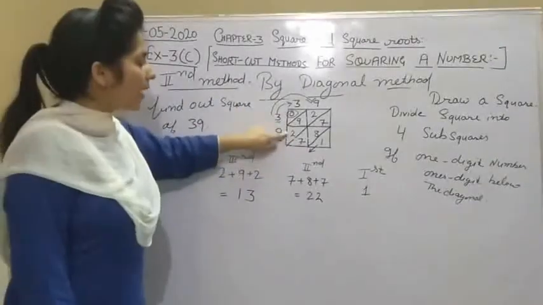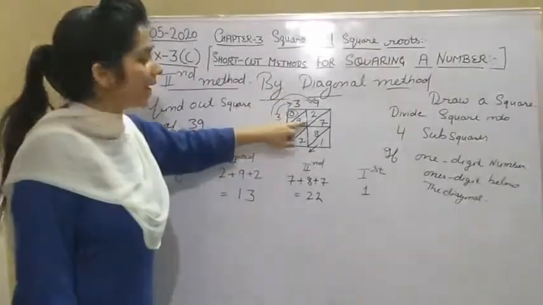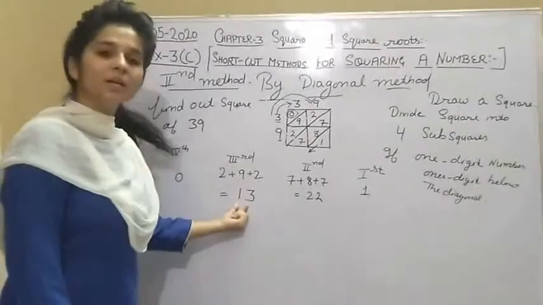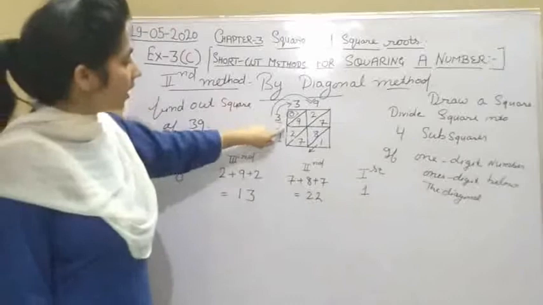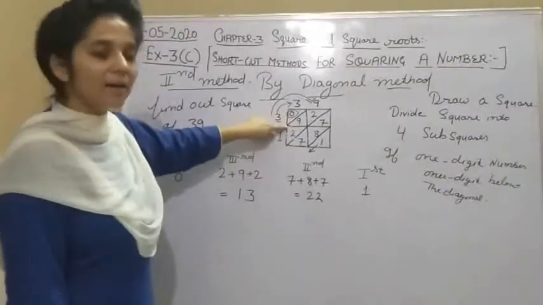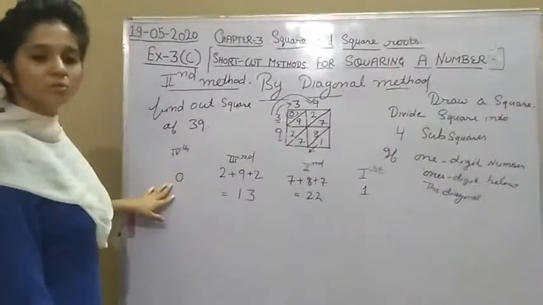Again, above the second diagonal, we have 3 digits, 2, 9 and 2. We will take the sum of these 3 digits, that is equals to 13. Now, above the third diagonal, there is 1 digit, that is equals to 0.